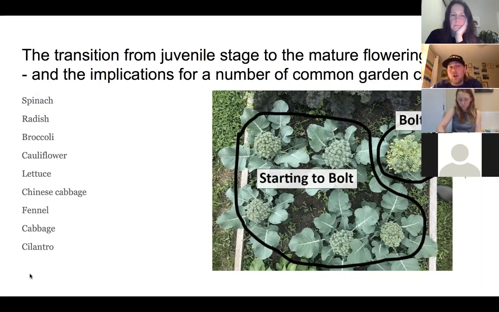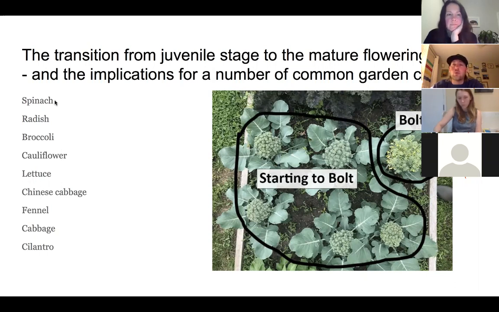Actually all of these we grow for the vegetative portion and not their flowers. There's a temptation for gardeners to leave them in the soil and let them get as big as possible before harvesting them, but oftentimes they will bolt on us.